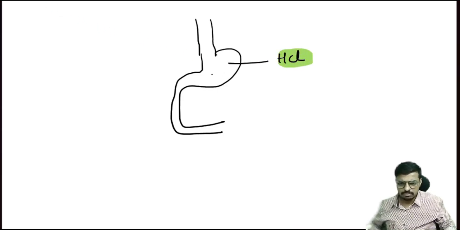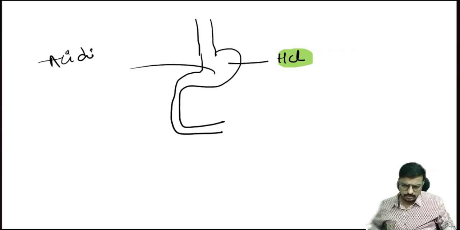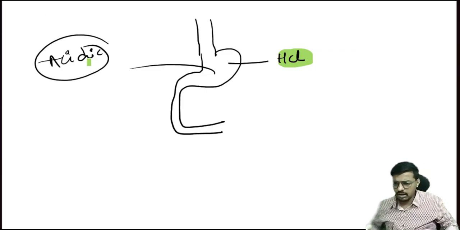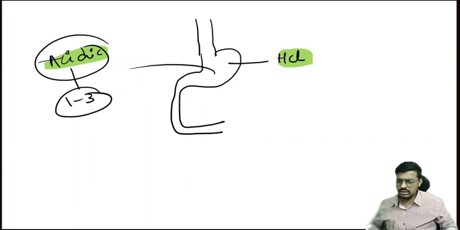So this acid makes the stomach content more acidic. If someone asks the pH of the stomach, you have to say that 1 to 3 is the normal pH of the stomach. It's very acidic.